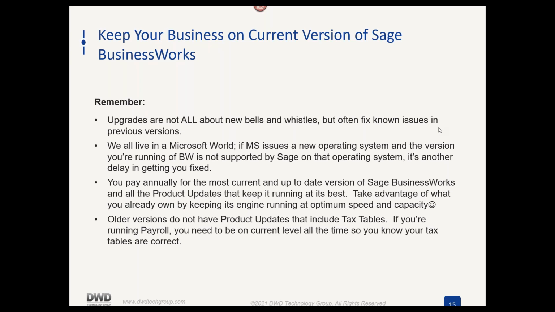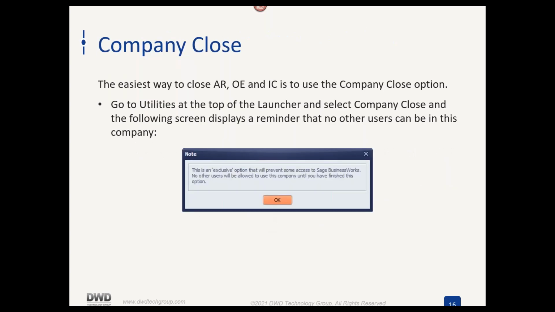So just, it's kind of my pitch, just to remind you that it really would behoove you to not only keep your version up to date, but also to keep your product service packs up to date. Those usually come out anywhere from 5 to 10 times a year between the versions. It just depends on what they are locating in the software that they want to enhance or maybe need to correct.